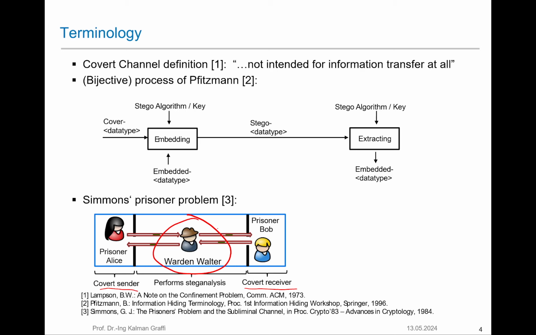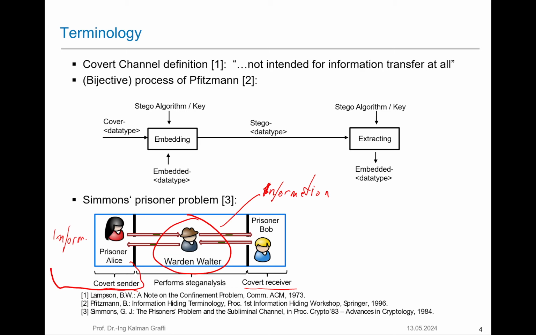Let's say Alice is working at a company, and Alice wants to extract hidden company information to the outside world, to Bob, who wants to buy the information, and the warden checks that no employee smuggles out some data.